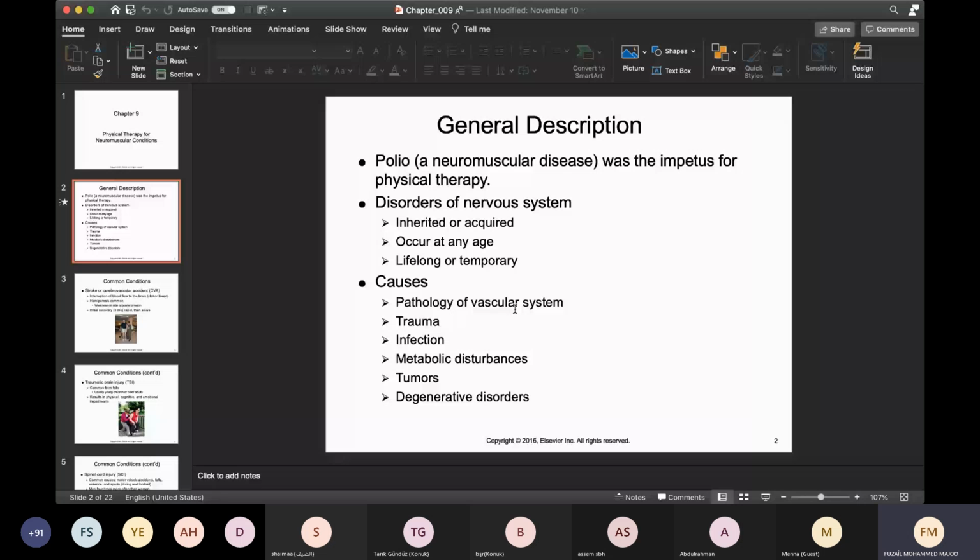So this harness ensures that if she should fall, it's going to hold her up. It's not going to let her hit the ground. She may roll forward, but hopefully her hand is going to be there so she doesn't knock herself on the head or get any head injuries. And as she moves along, this entire thing moves along with her.